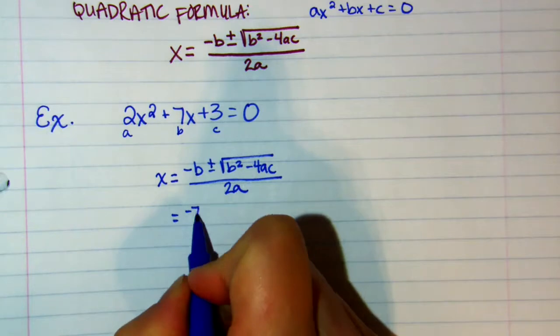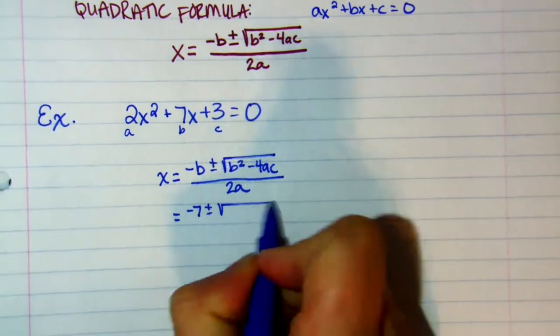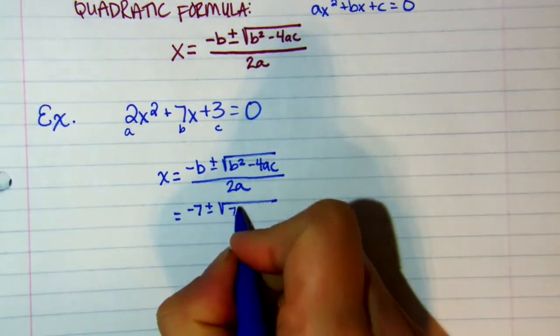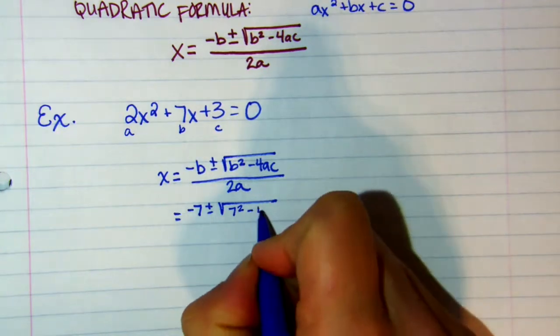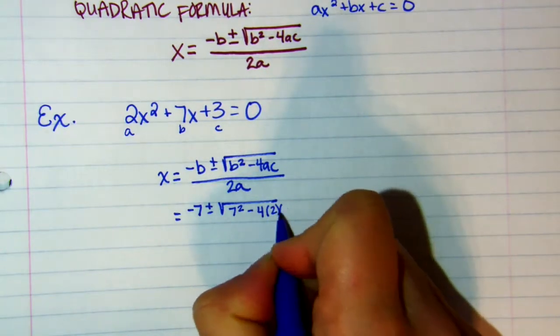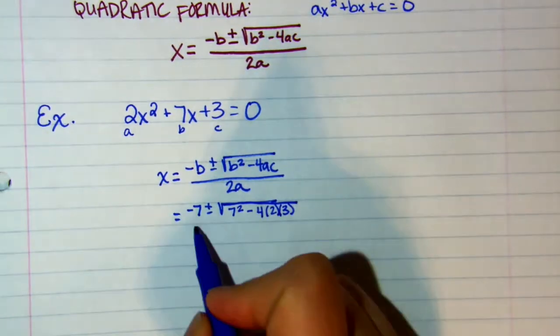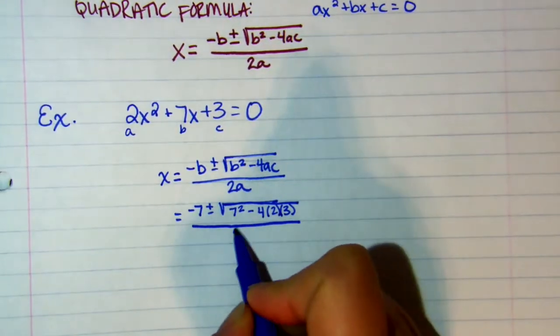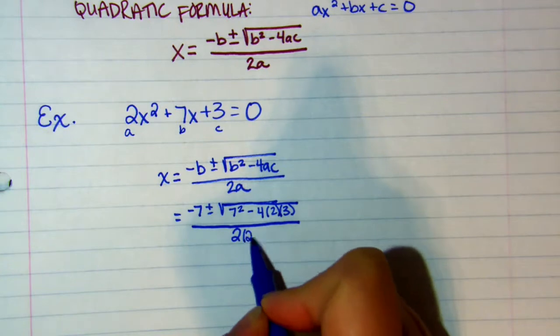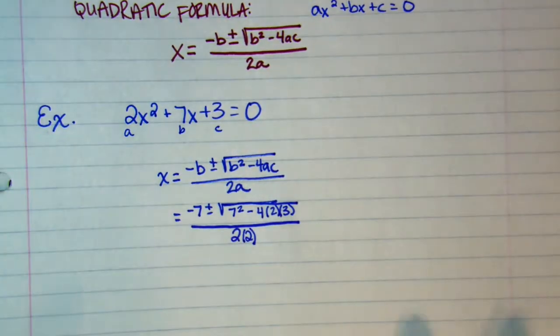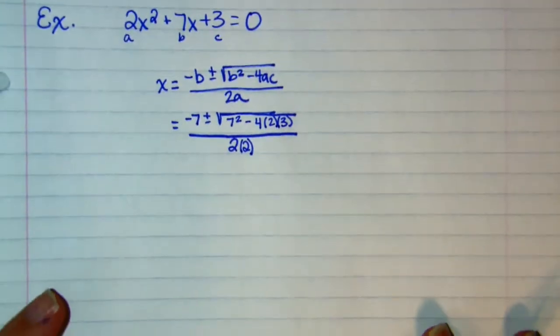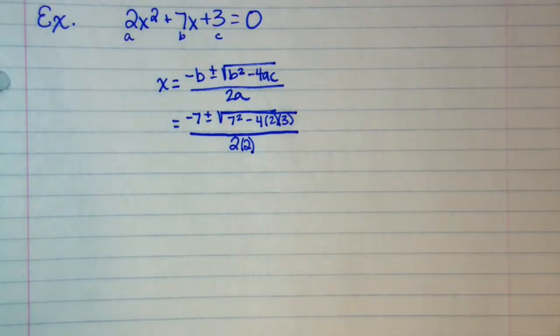So negative 7 plus or minus square root 7 squared minus 4 times 2 times 3. That's all under the square root. And all of that then is divided by 2 times 2. So then I just plugged in my information. And from here I just solve.